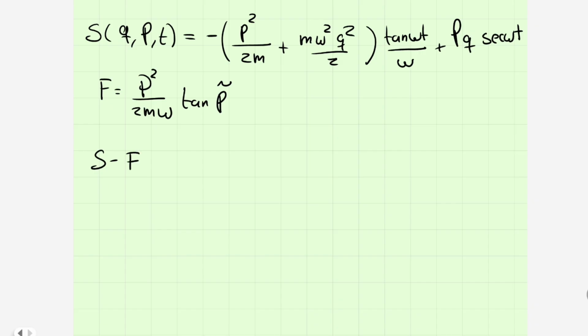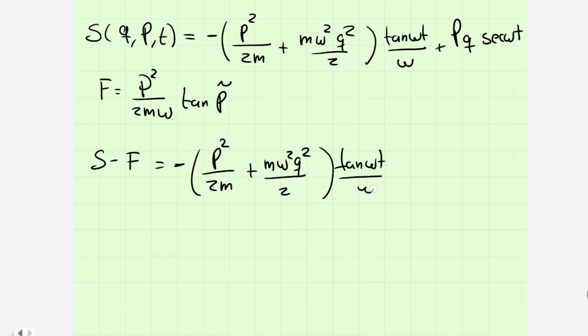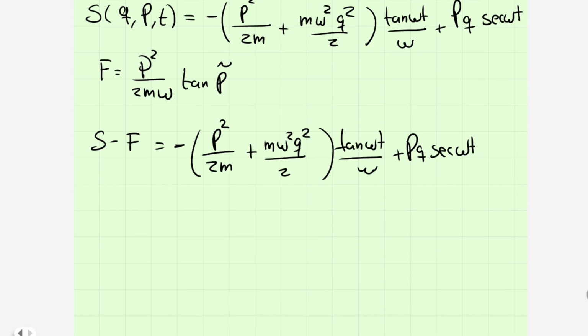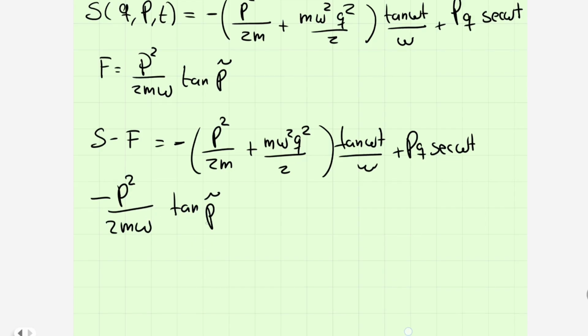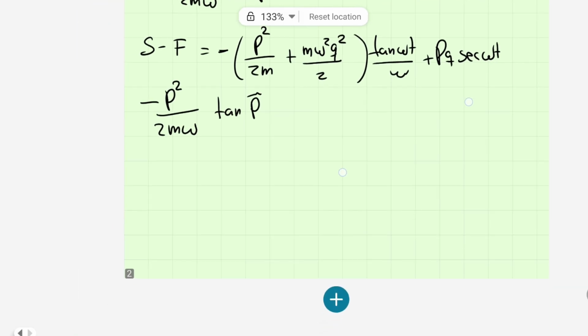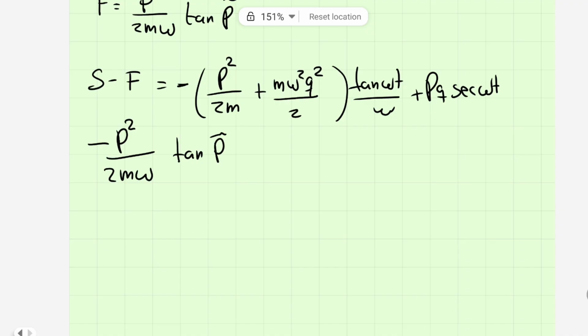But for now, let's calculate what is s minus f. That is just minus P squared divided by 2m plus m omega squared q squared divided by 2, tangent omega t divided by omega, plus P q secant omega t, minus P squared divided by 2m omega tangent P tilde. This is upper P, remember. So we are going to take the derivative with respect to P of all this.